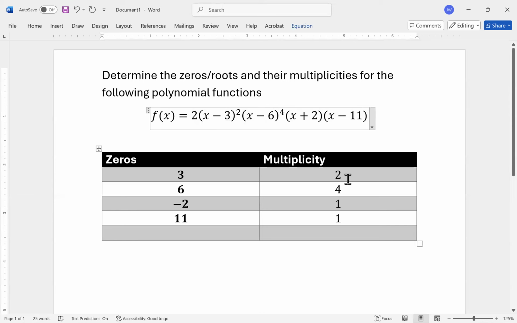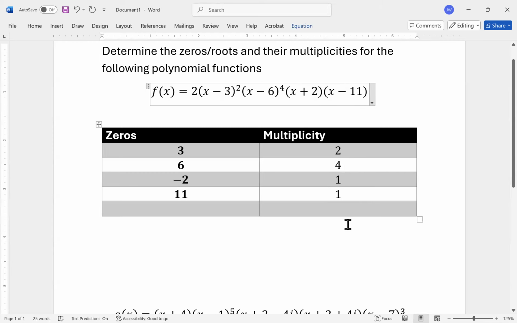And when you add up the multiplicities, you'll notice that the multiplicities add up to 8. So this is degree 8. We had 8 linear factors. And when you add up the multiplicities, we get 8.